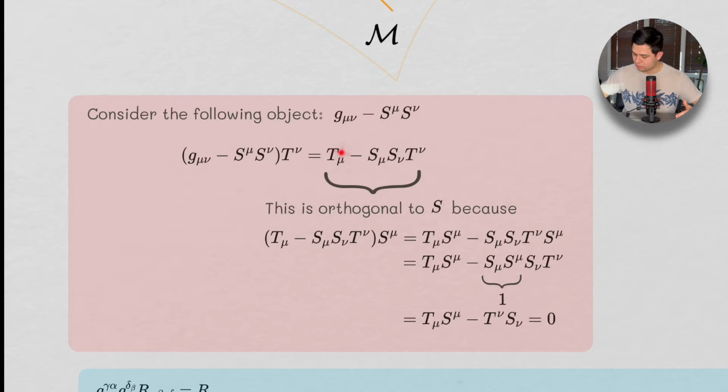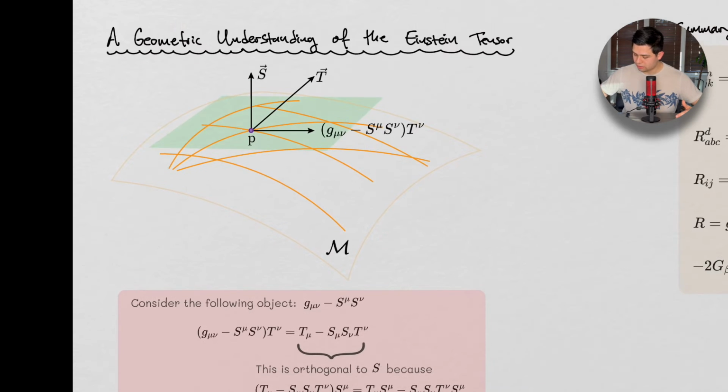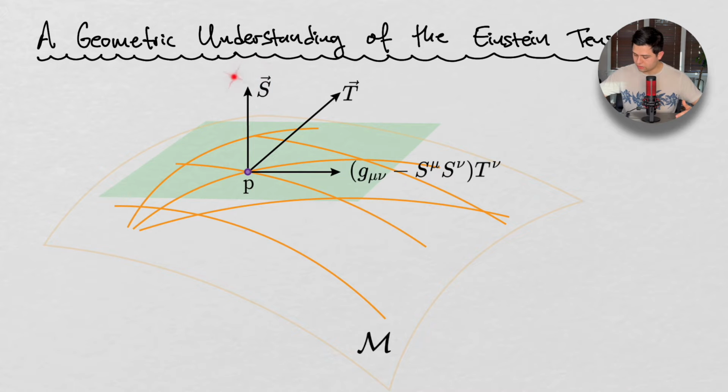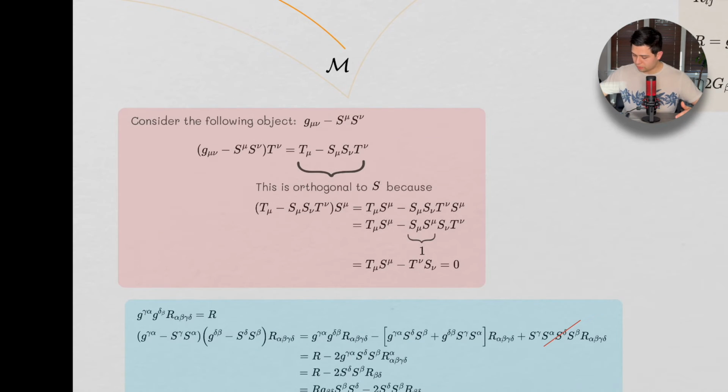So this object is orthogonal to S. Here's that vector S. This is orthogonal to that vector S. When we say orthogonal, I mean that the inner product of this object with S is 0. Let's see why.